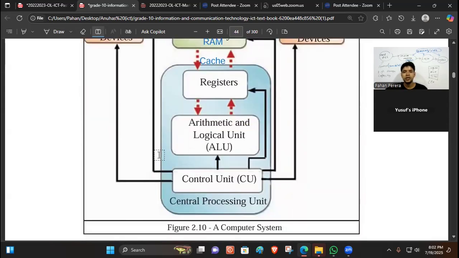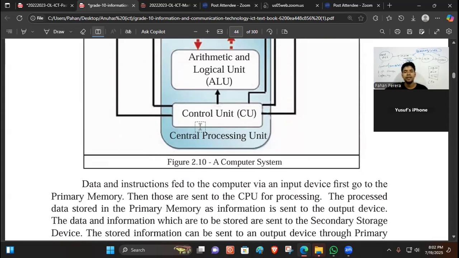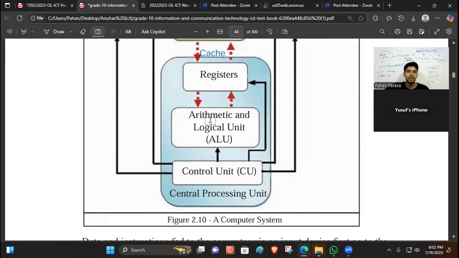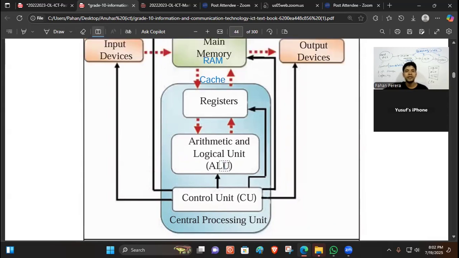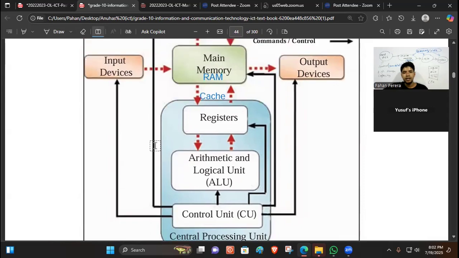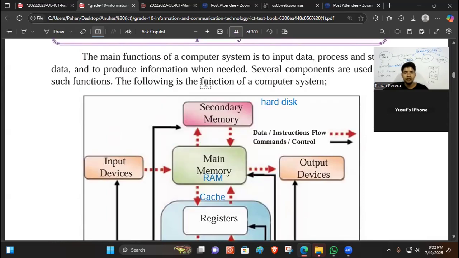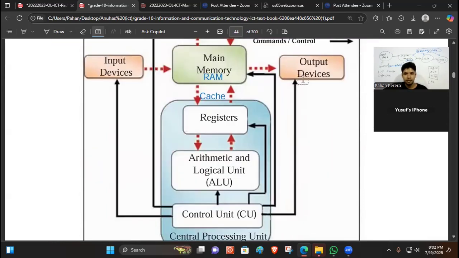See here, the control signals from the control unit are directly connected to all the devices: input devices, secondary memory, main memory, registers, ALU, output device. The entire computer is controlled by this control unit.